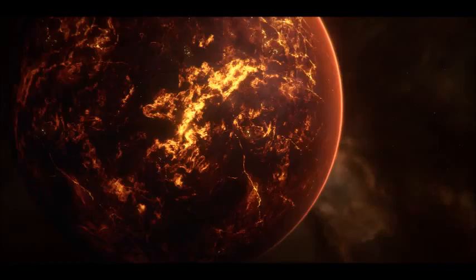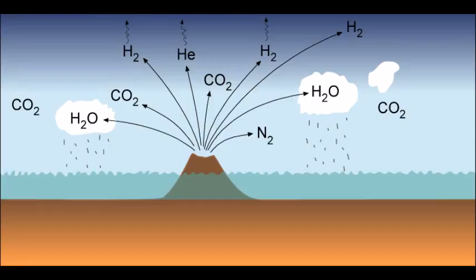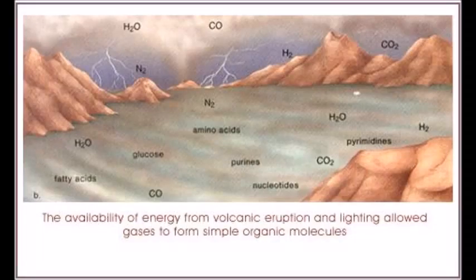Of course, this is just an artist's rendition. It's very hot, very covered in magma. It also has volcanoes. Well, what can volcanoes do for life? As we know, volcanoes release gases such as methane, ammonia, carbon dioxide, H2O, stuff like that. And these gases condense to form seas. As you can see here, they form seas.